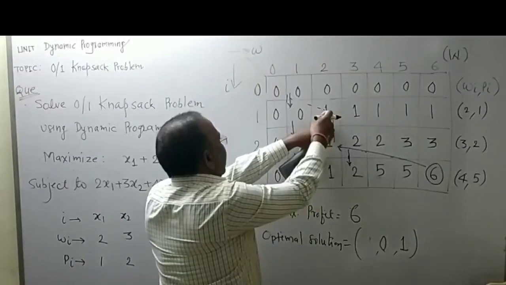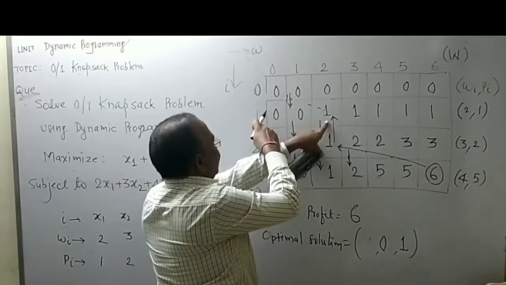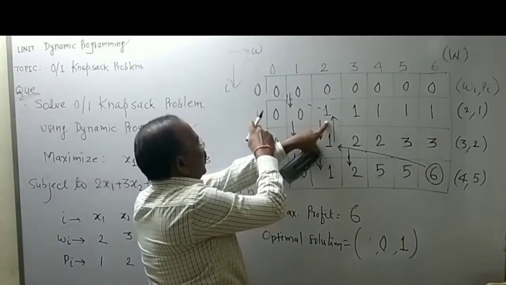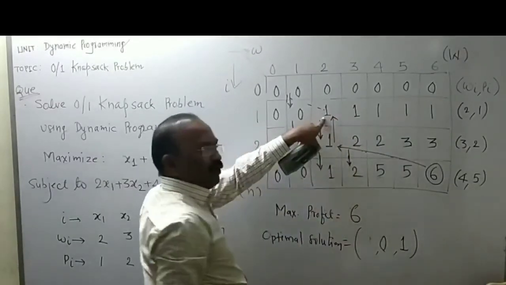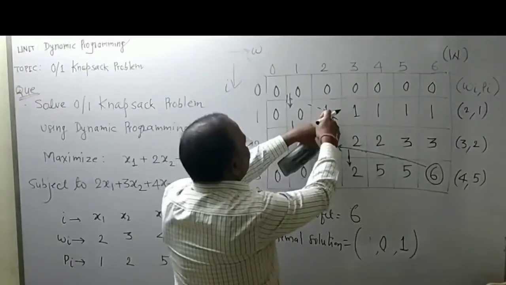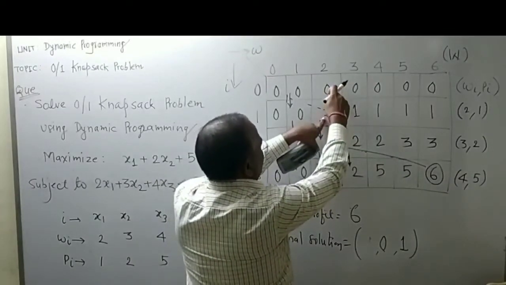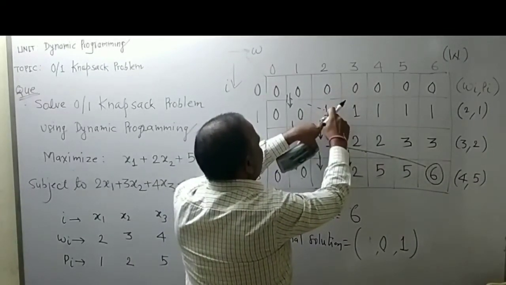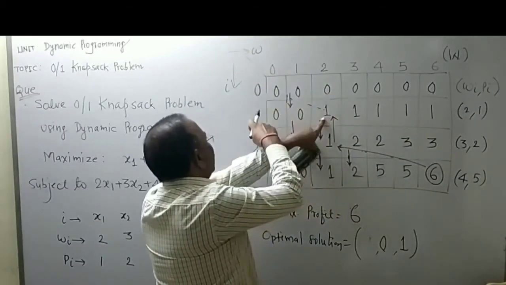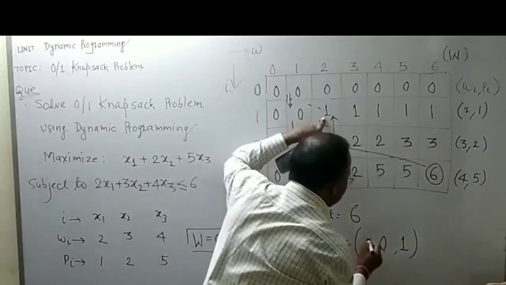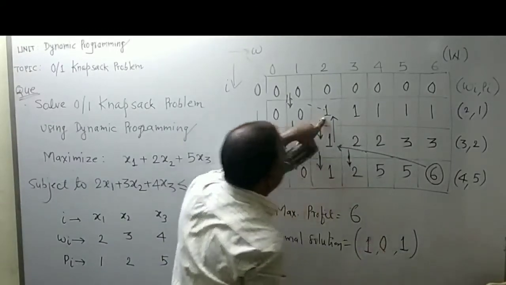Now we are in the first row, and we have to check whether object 1 can be included or not. For that, we compare this value with the upper cell value. Now here 1 is not equal to 0, that's why we can add the first object in the optimal solution, that is 1.